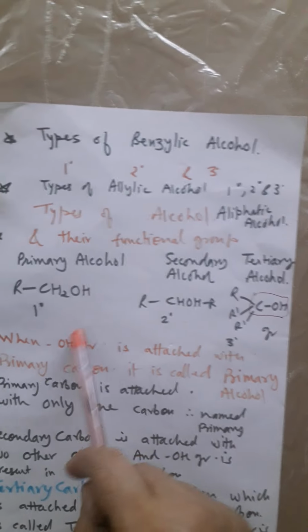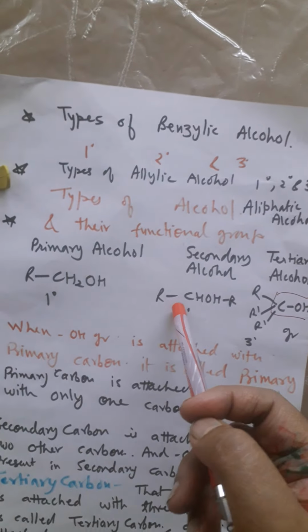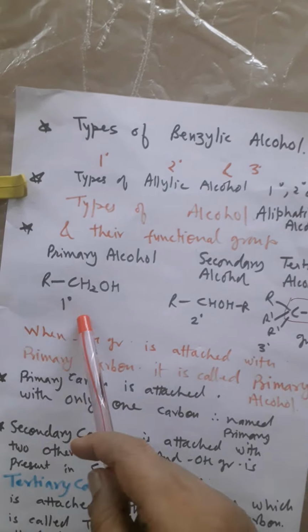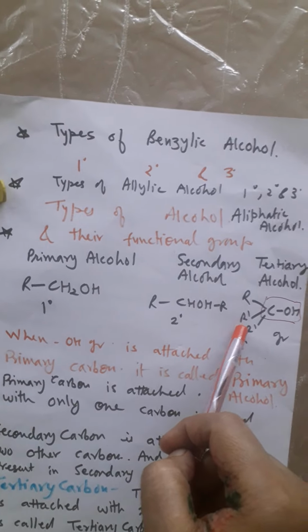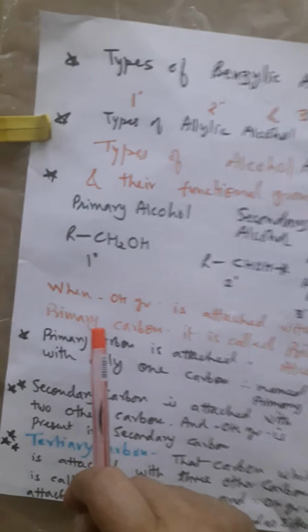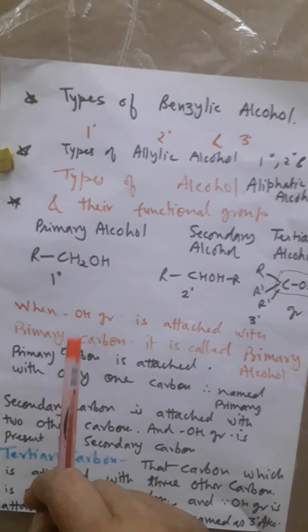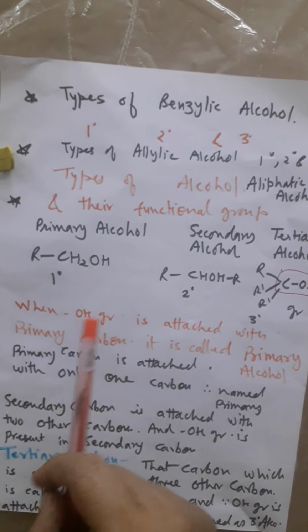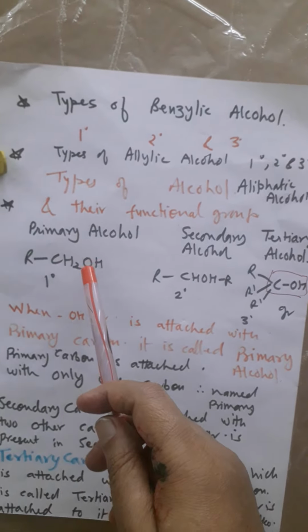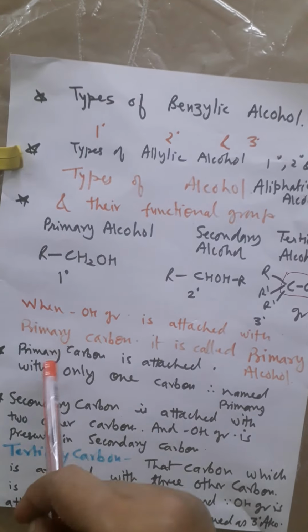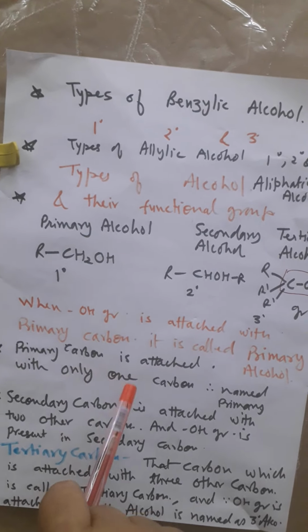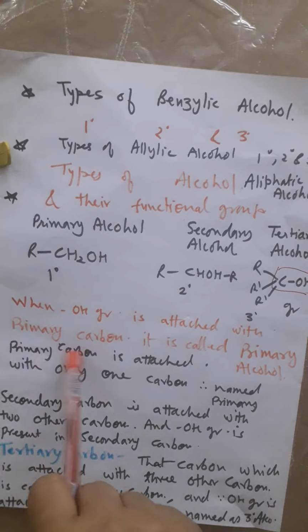Now why are we calling it primary alcohol, secondary alcohol and tertiary alcohol, or 1 degree alcohol, 2 degree alcohol, 3 degree alcohol? The only thing is the numbering of carbon, that is, which carbon the OH group is associated or linked to. Here a primary carbon is attached to only one carbon, so it is named primary carbon.